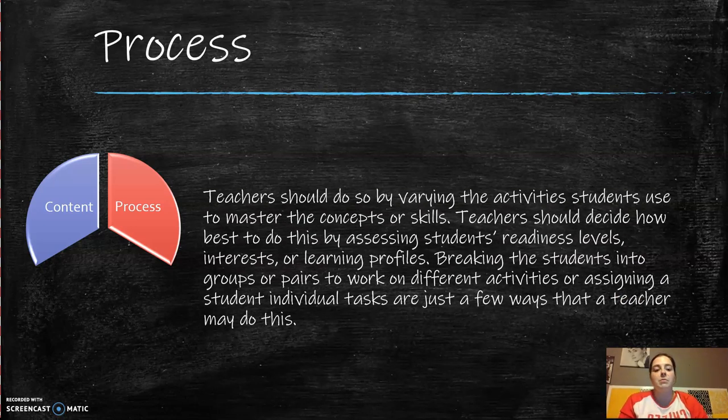Teachers should be doing this by varying their activities. They can assess students' readiness levels, their interests, their learning profiles. You can break students up into groups. You have small groups. You have pairs. You can have larger groups. You can work individually. There's just many different ways that you can go about doing that.